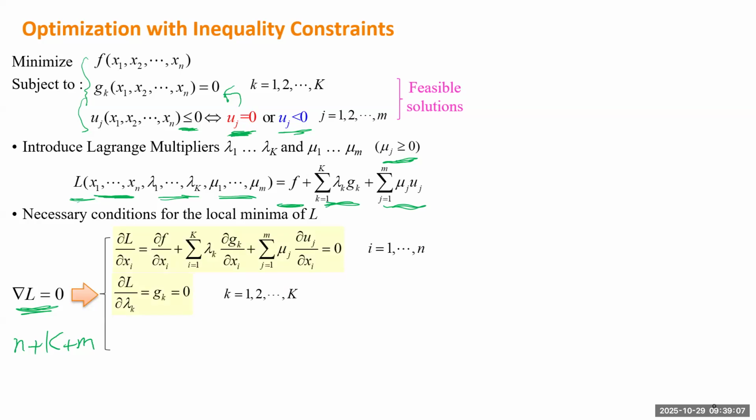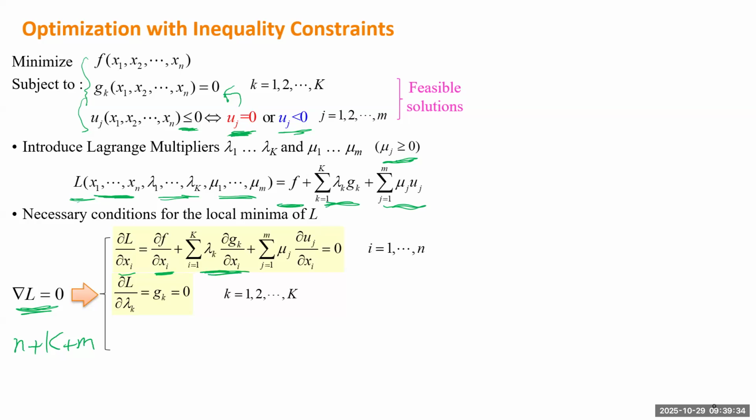Let's first calculate those elements with respect to x and lambda. They are basically similar to the optimization with equality constraints. So partial L by partial x will be partial f by partial x, the original gradient element of the unconstrained problem.